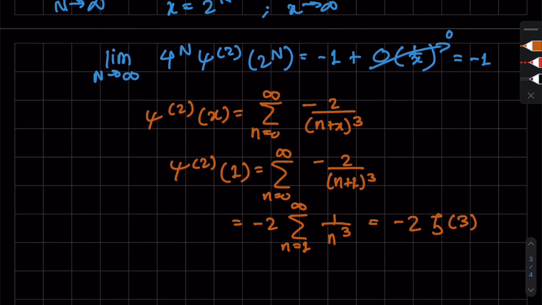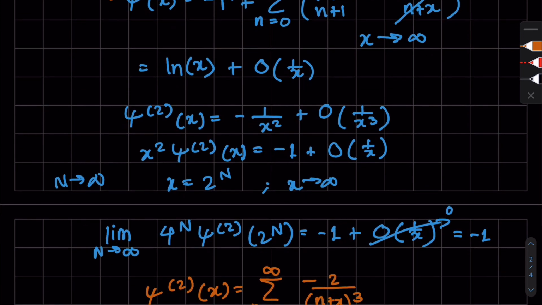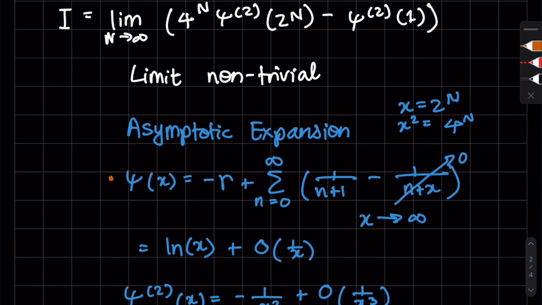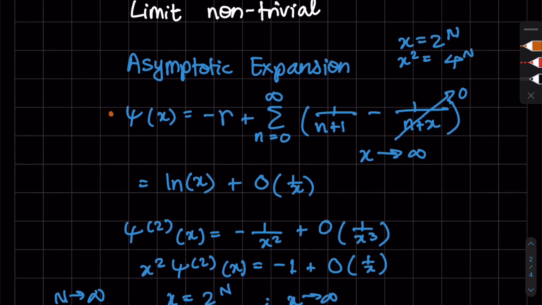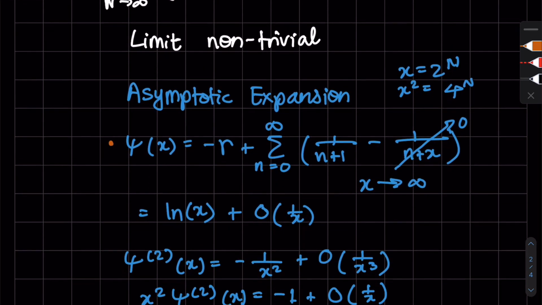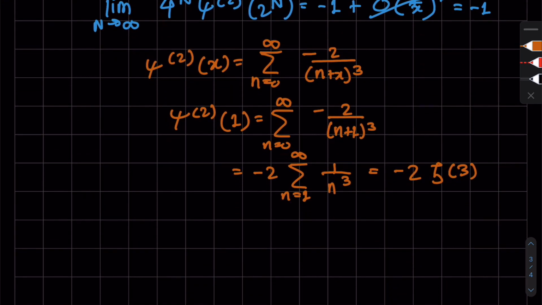So we can just put all of this together. We have a minus of the limit, so we'll have a plus there. Or no, it's a plus of the limit, so we have a minus 1 there, and a minus of this minus.